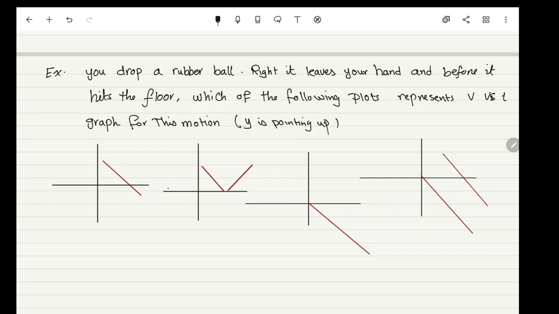And since y is directed upward and the ball is falling down, its velocity is negative. So the best curve that represents this situation is this one here. The particle is moving from rest, so from 0 here, and its velocity is negative because it's going down.